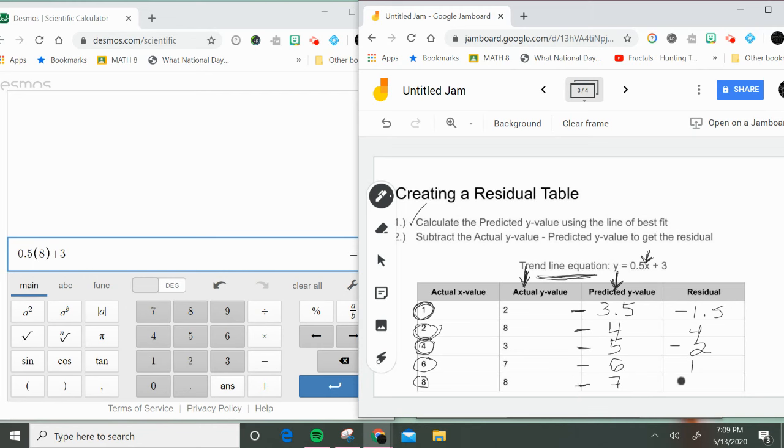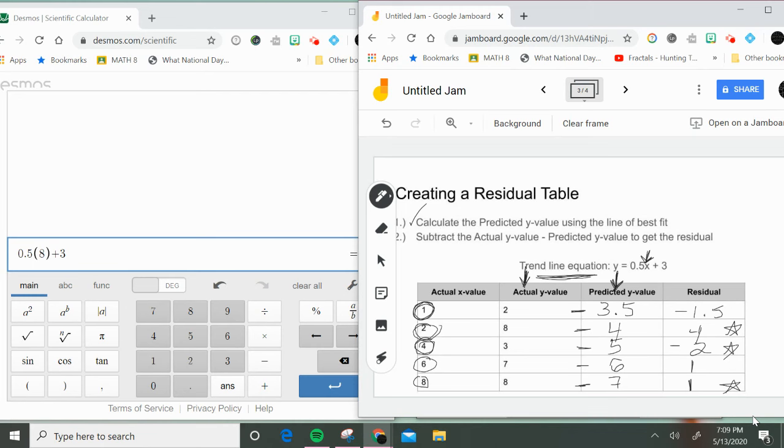And 8 minus 7 gives me 1. So these are all my residual values. We calculated these ones from the actual scatter plot, so we came up with the same values that correspond with it.